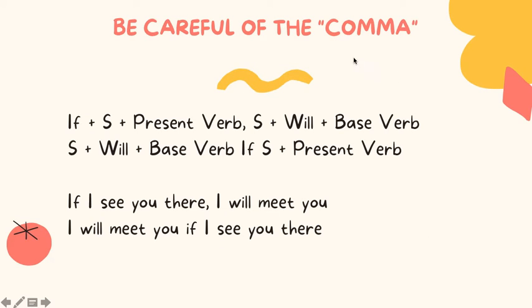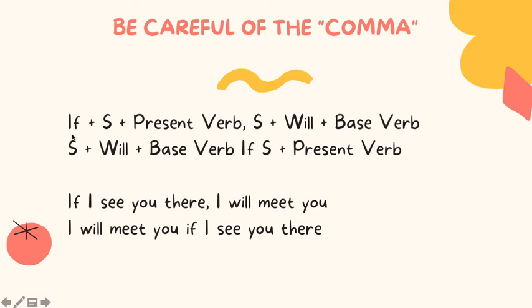You have to be careful of the comma. The comma is a very important part of the sentence in conditional sentence type 1, and also types 2 and 3. The position of the comma is very important. There are two forms in positioning the clauses.